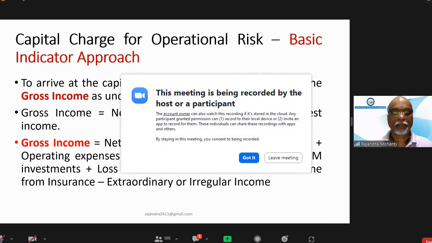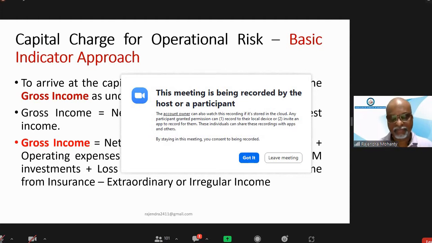Sir, in the case of the standardized approach, if beta is given, 15, 12, 18, which one will we take, sir? I will explain where 12 will be taken, where 15 and where 18. In basic indicator, there is no bifurcation of gross income. We take only one gross income and multiply by 15.